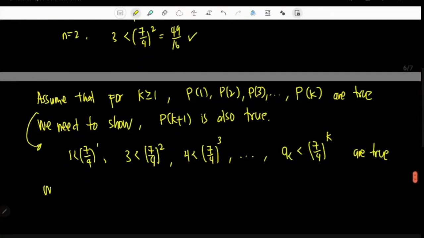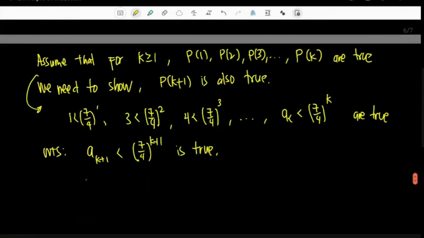So now we want to show that our statement a sub k plus 1 is less than 7 over 4 raised to k plus 1 is true. So how do we do that? Of course, we start with a sub k plus 1.